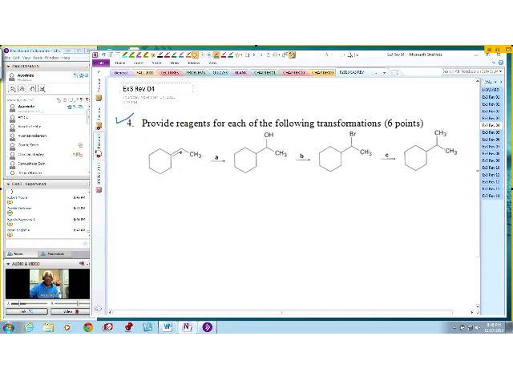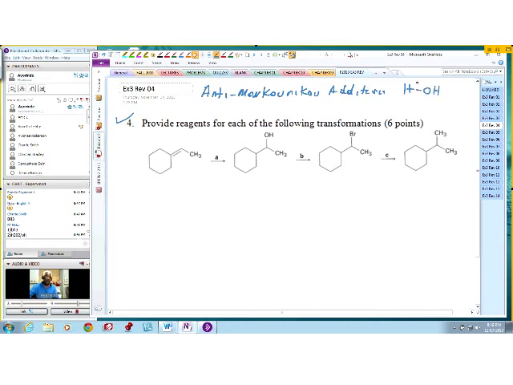Going from a carbon-carbon double bond, forming a secondary alcohol, what reagent do we need for this? If you can see here, this is an anti-Markovnikov addition of water, of the elements of water.